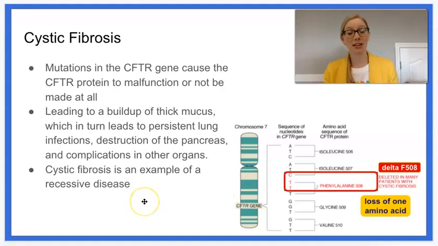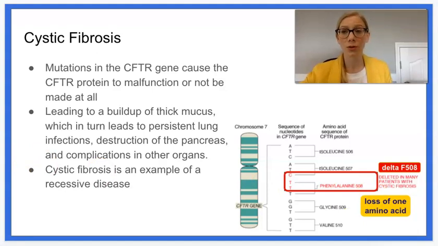Cystic fibrosis is actually an example of a recessive disease. You need two copies of the mutation in order to have it be expressed, right? But when it does, the loss of function of that protein can be pretty detrimental and influential on your life.